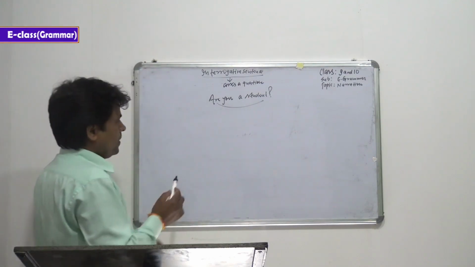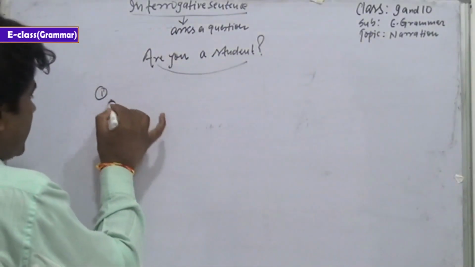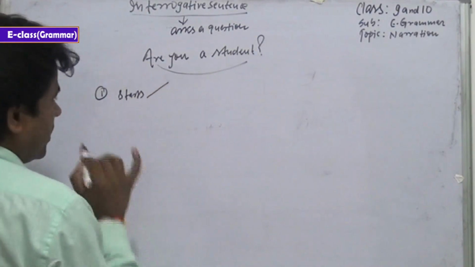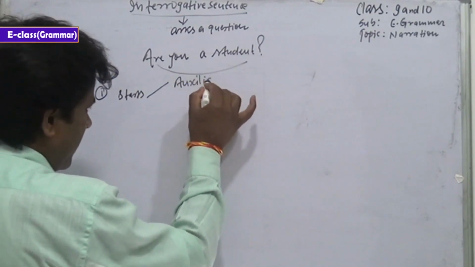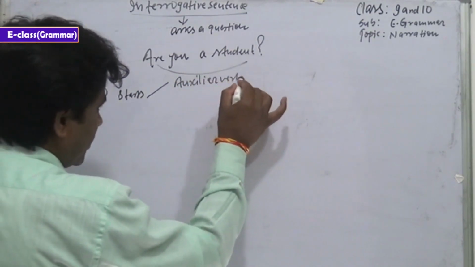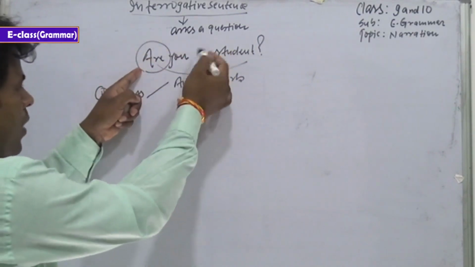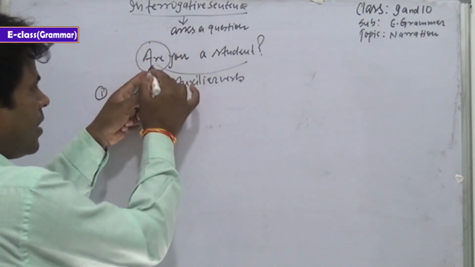Let's see. Interrogative sentence starts with an auxiliary verb. See this sentence there. What has this sentence begun with? An auxiliary verb.